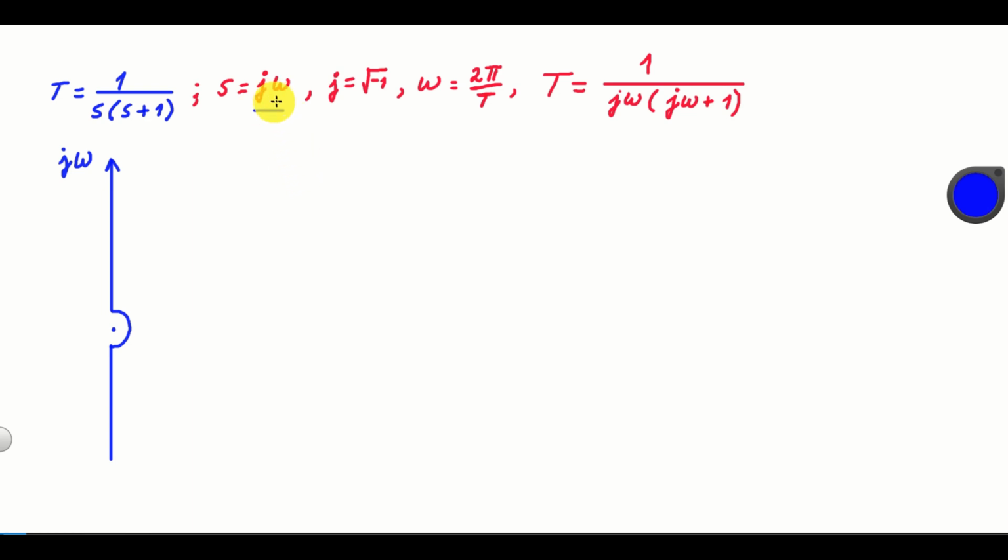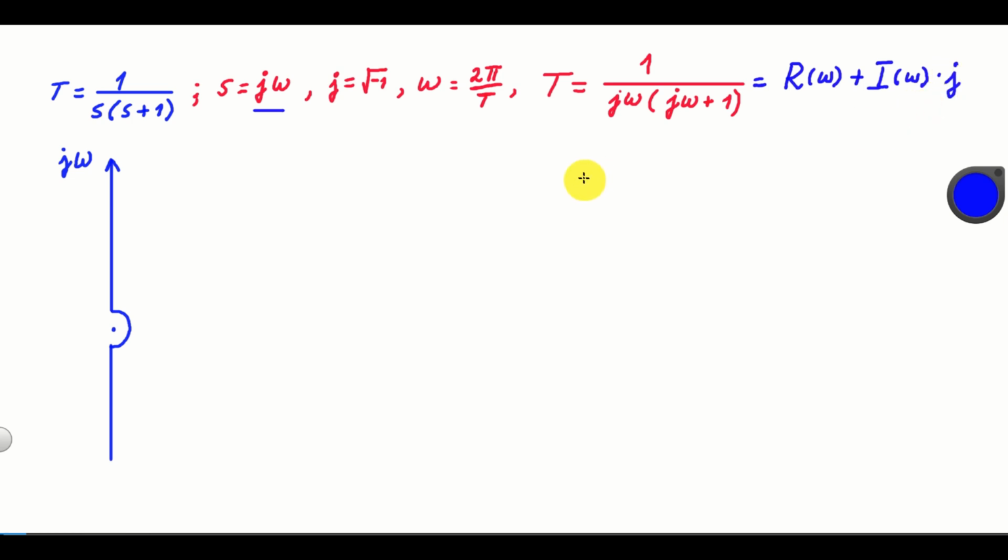Since j omega is a complex number, our sinusoidal transfer function is also a complex number. And we can represent this complex number as the sum of the real part that will depend on omega and the imaginary part that will depend again on omega. And over here we will have the imaginary unit.